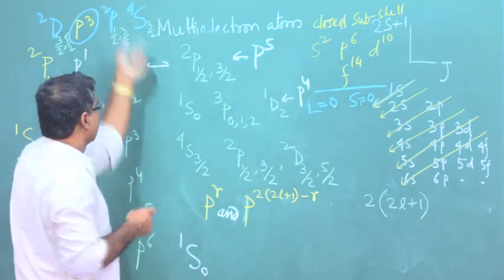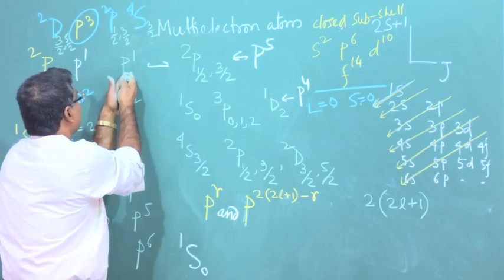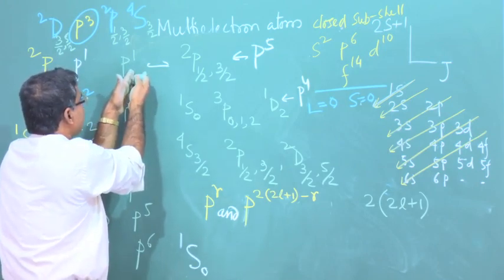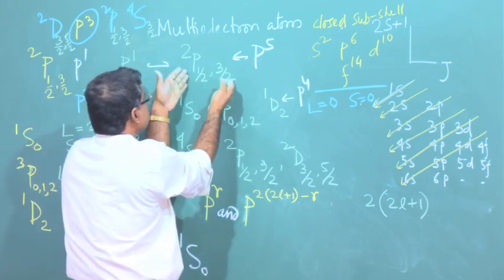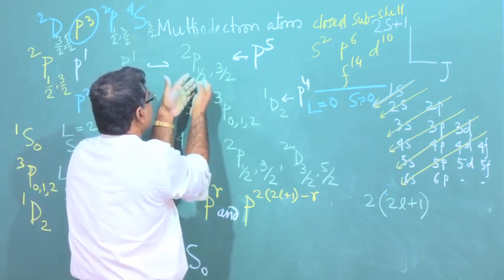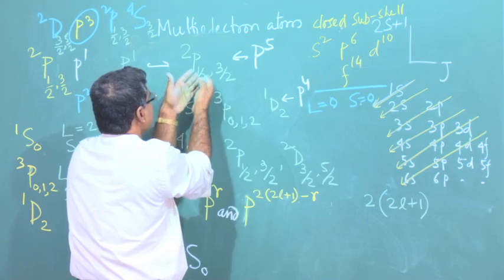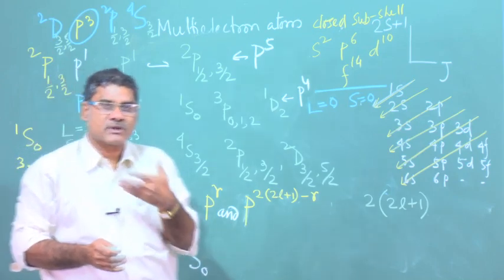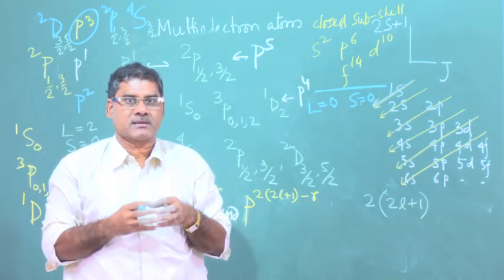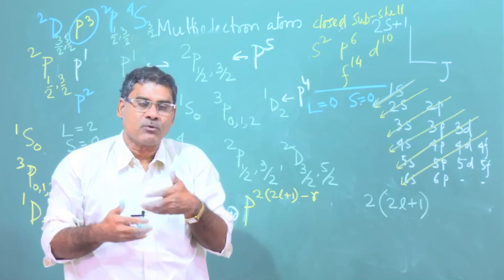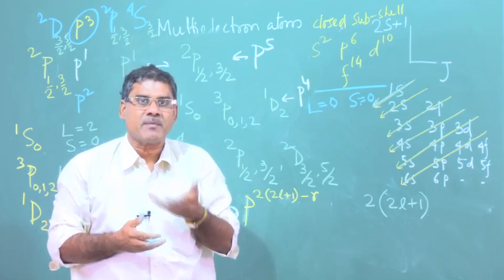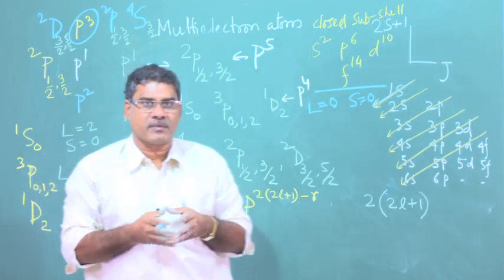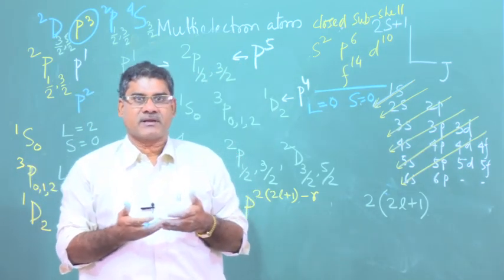But for this atom, it will have two states, P1/2 and P3/2. Among these two states, which one will be the ground state, the minimum energy state, or are both having the minimum energy? It cannot be, because we know this energy depends on the J value.